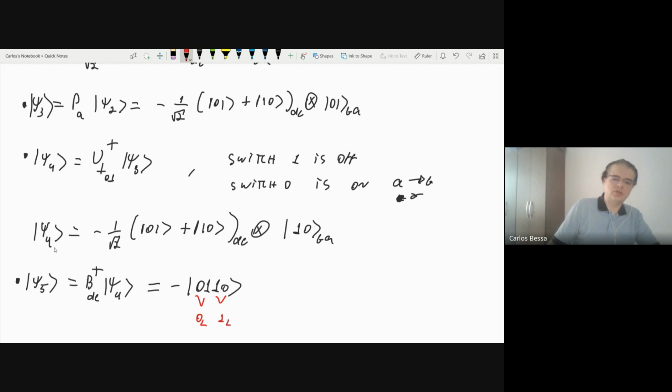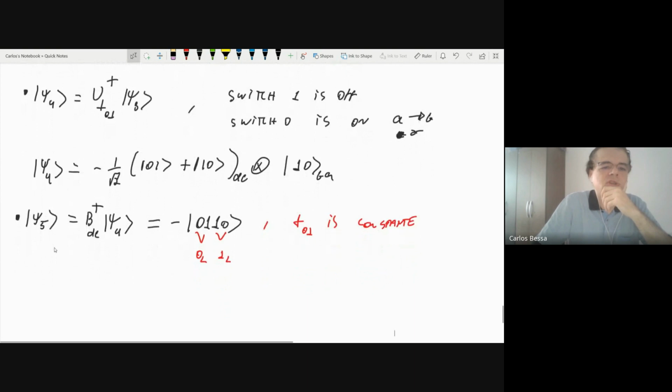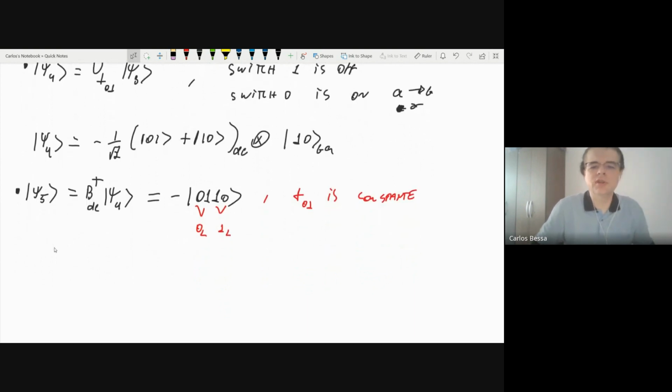But we measure in the top, so we measure this one. And the function f 0, 1 is constant. Right? Because when you look for the algorithm in the book, you see that when it's 0 in the top, logical 0, the function is constant.